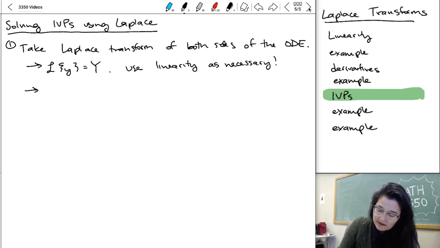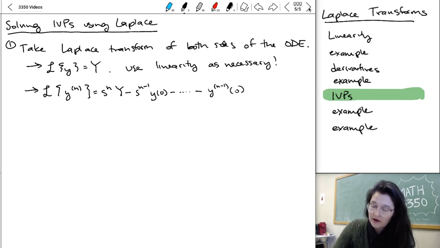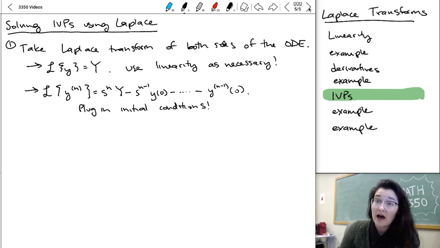And we're also going to need to remember that derivative property for however many derivatives we have, that s to the n times Y, where we always end up subtracting the initial condition of one lower derivative. And here I just want you to be careful, make sure that you plug in your initial conditions. So you want to actually have a number instead of y of 0. That'll make it look much easier.